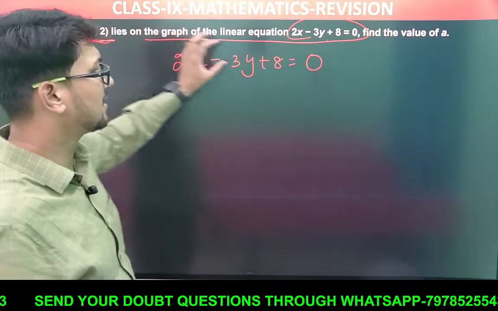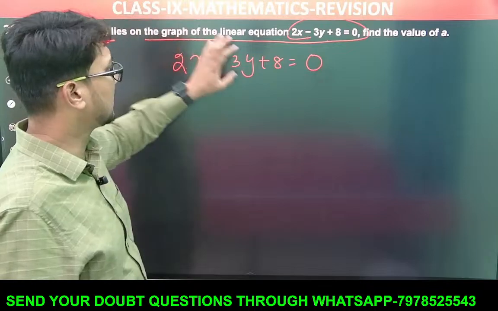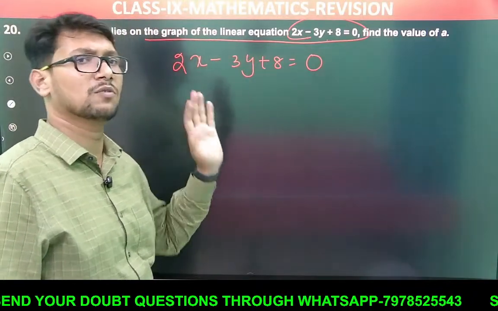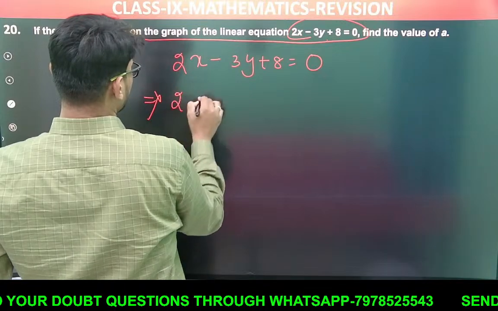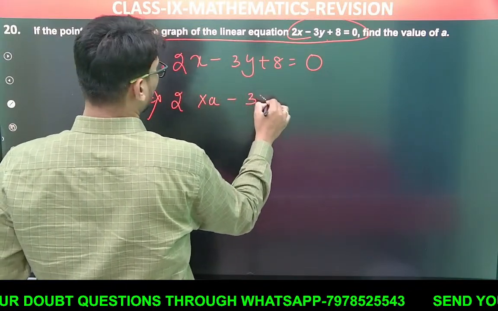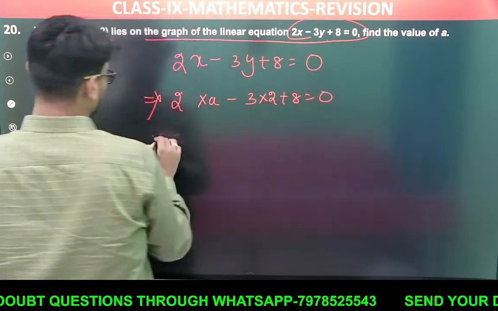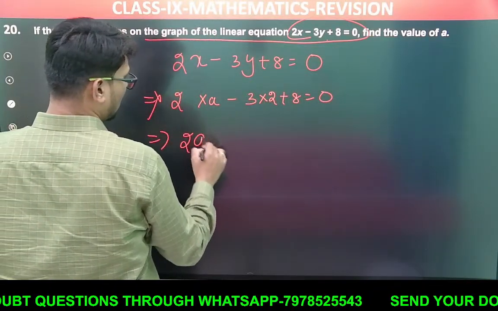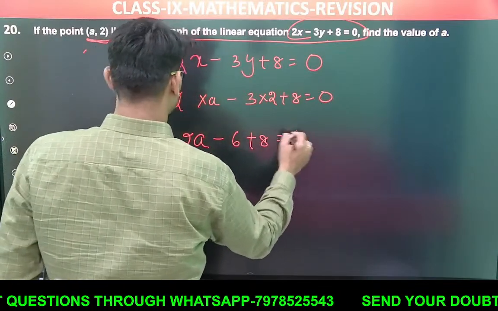This point lies on this graph, which means it will satisfy the equation, LHS equals RHS. So let us replace x by a: 2 into a minus 3 into 2 plus 8 equals 0. This implies 2a minus 6 plus 8 equals 0.